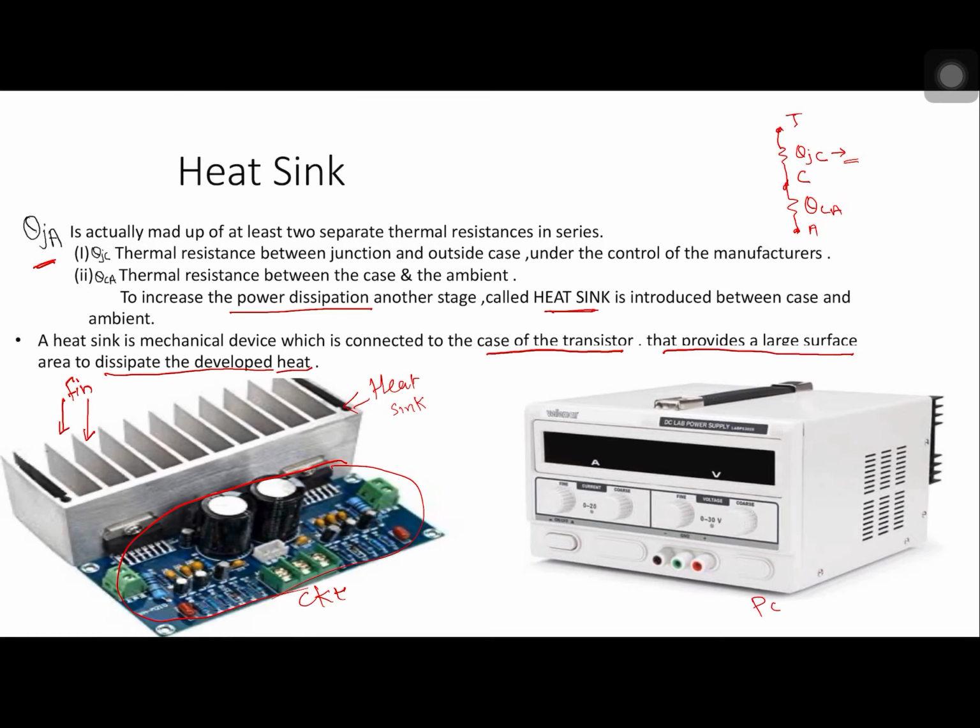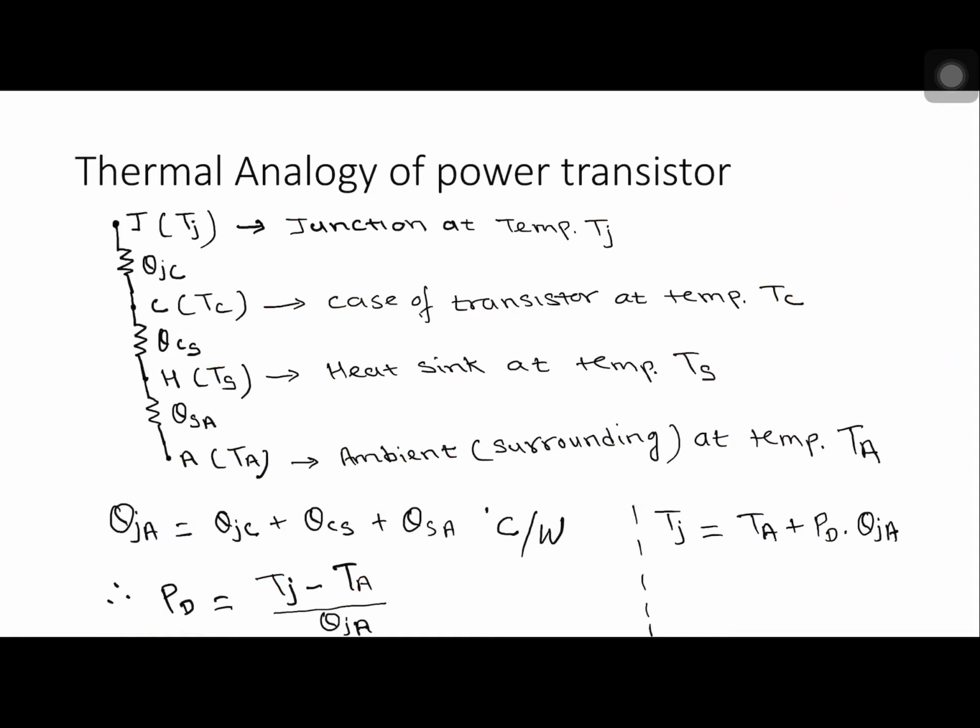Second example is a regulated power supply, commonly seen in your electronic labs. On the back side of this, if you look, you will find blades, and those are heat sinks. So heat sinks are commonly used in power devices. Next is the thermal analogy of a transistor.